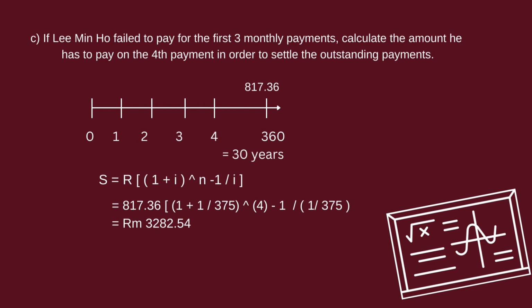Using the future value formula, substitute all the information that we found from previous questions into this formula, and then calculate, and we find the total, which is RM 3282.54.